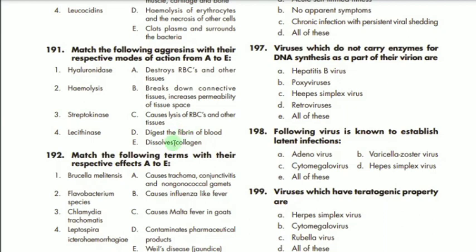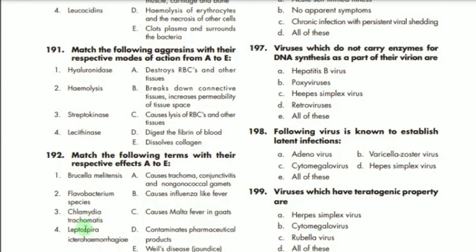Then we have the 192nd MCQ, which says match the following terms with their respective effects. For example, we have A to E. The first we have is Brucella melitensis. The respective effect of this bacterium is that it causes Malta fever in goats. C is the correct option. Flavobacterium species mostly cause influenza-like fever.